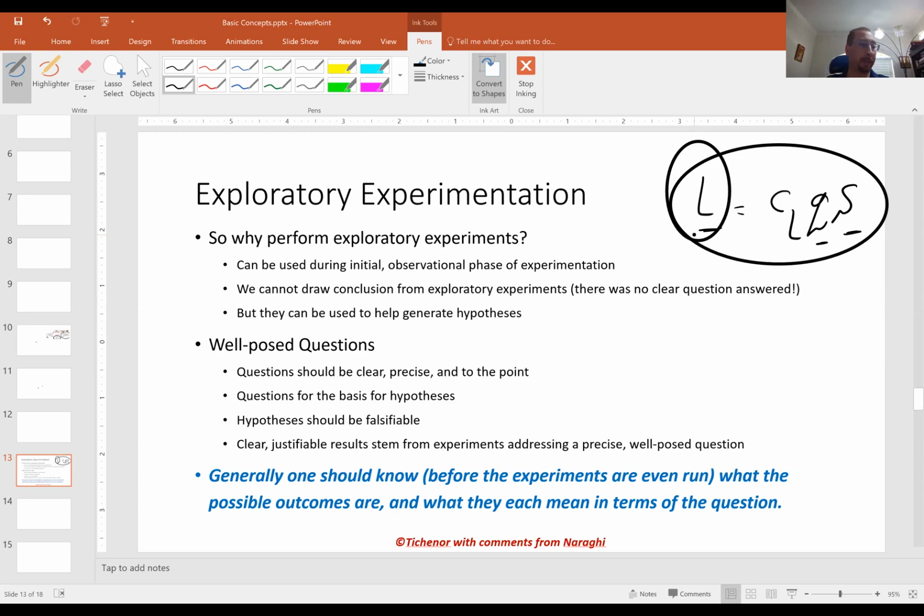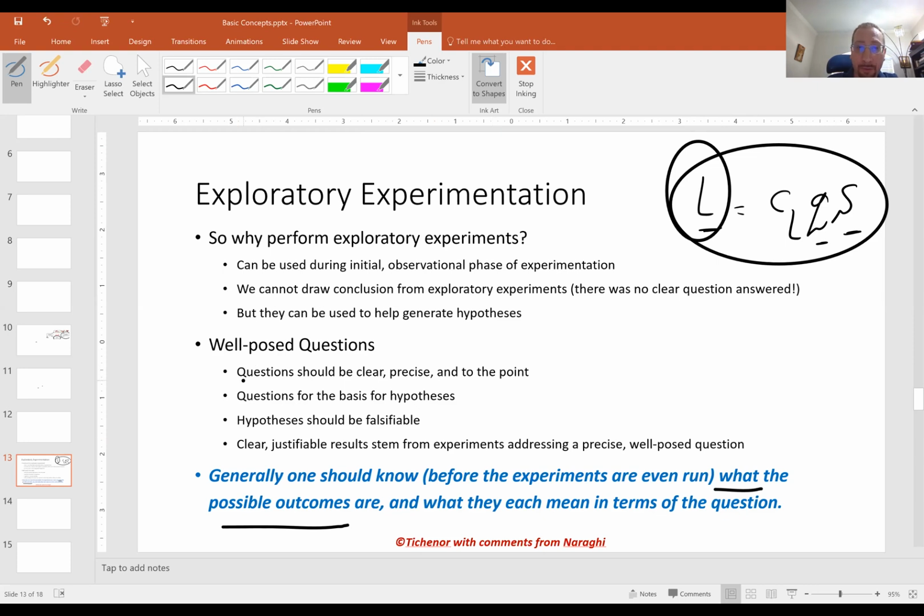So the exploratory experiment is not the end of the story, it's the beginning of the story. It's the experiment that allows you to design your real experiments. So basically, it allows you to identify the inputs and outputs.